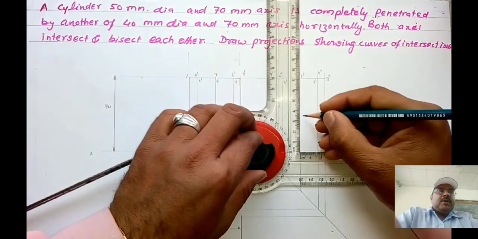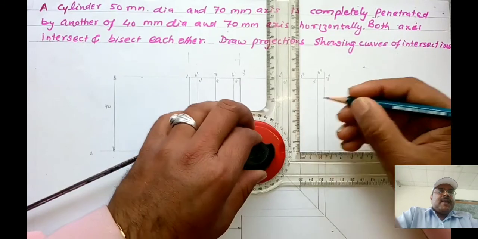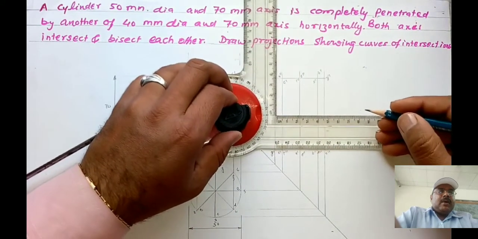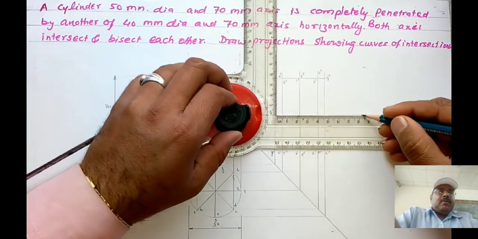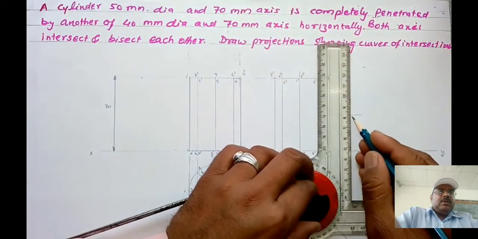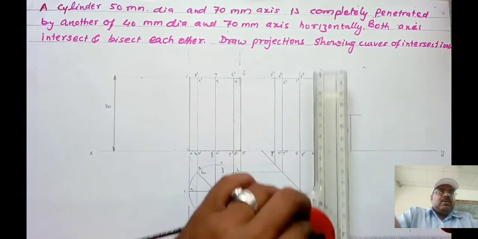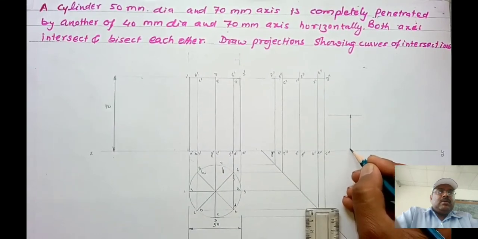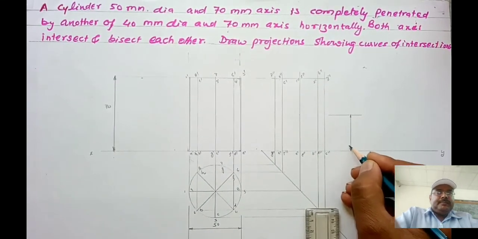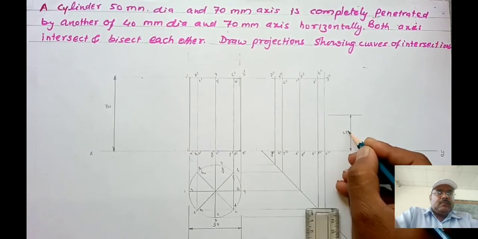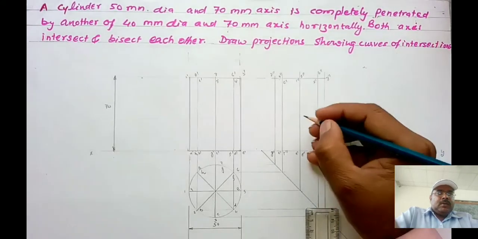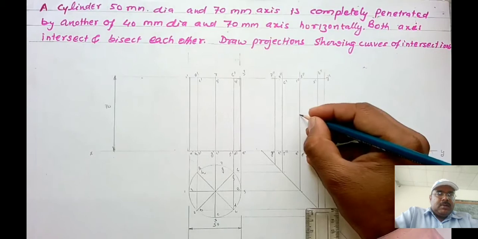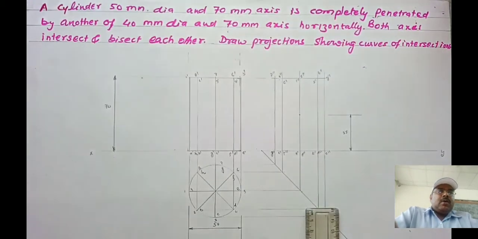So the center point of the axis is at 35 millimeter. Mark this point and draw a horizontal line. Give the dimension 35 millimeter. And from this center point, draw a center line.